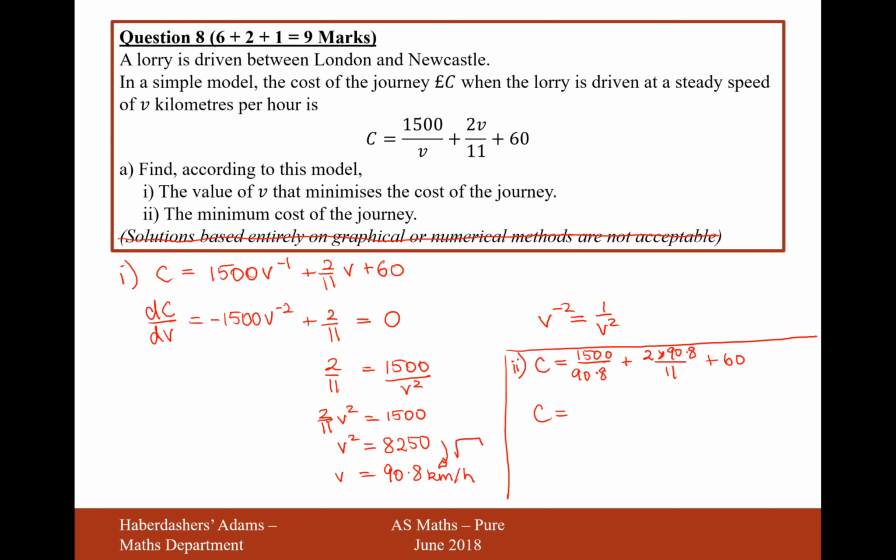Add 2 times answer button over 11. And then add your 60. And that gives you 93.02. So £93 approximately. £93 and 2p. No, 3p actually, because it's an 8 after that. So £93 and 3p is the minimum cost.